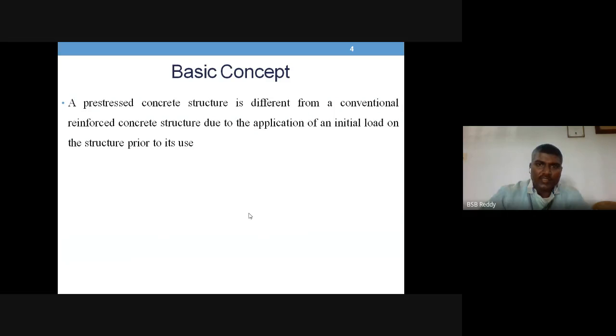A pre-stressed concrete structure is definitely different from conventional concrete.